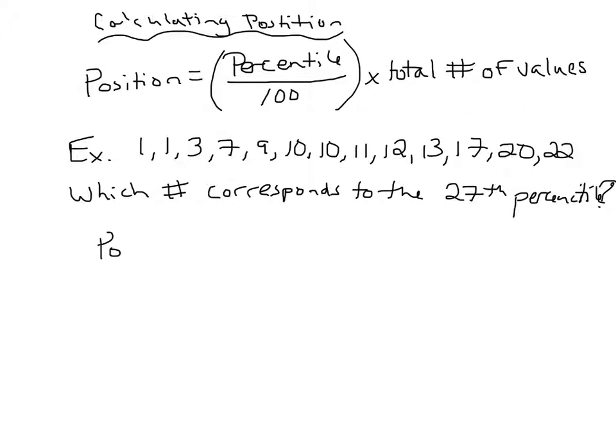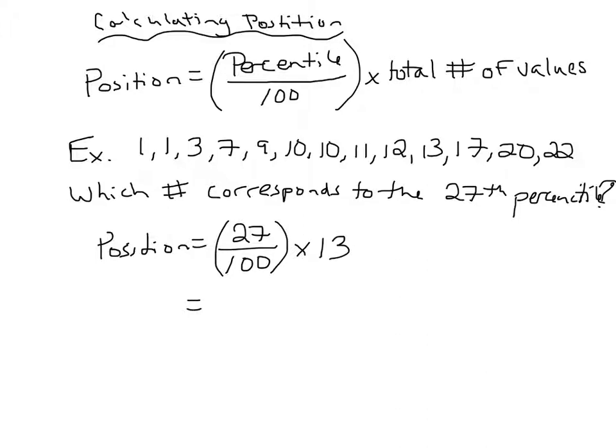So I would say position equals percentile 27 over 100, times the total number of values: 1, 2, 3, 4, 5, 6, 7, 8, 9, 10, 11, 12, 13.